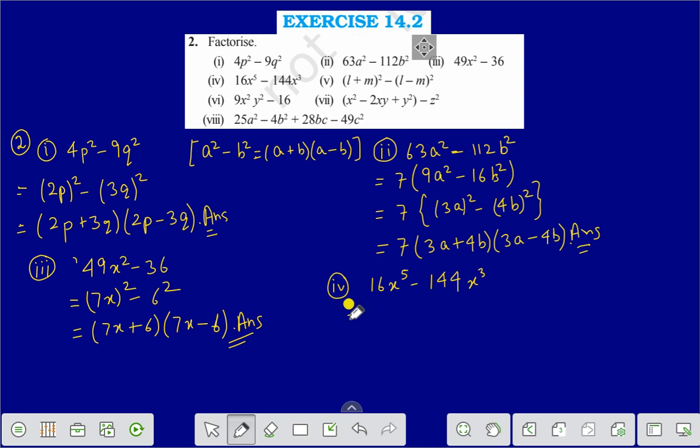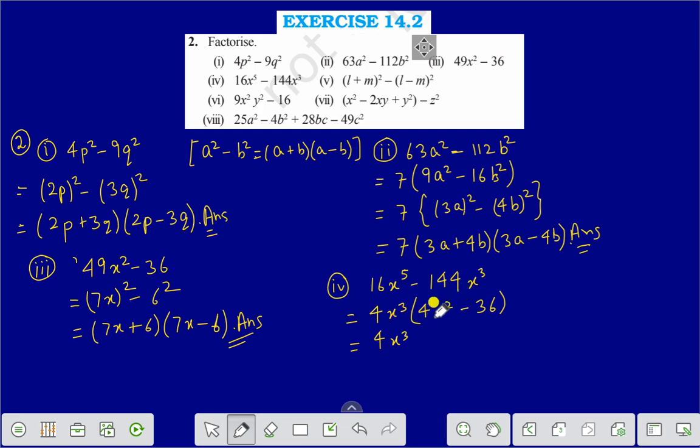Then we can take common here 4x cube. If we take 4x cube as common, then 16x to the power 5 gives 4x square, and 144x cube gives 36.